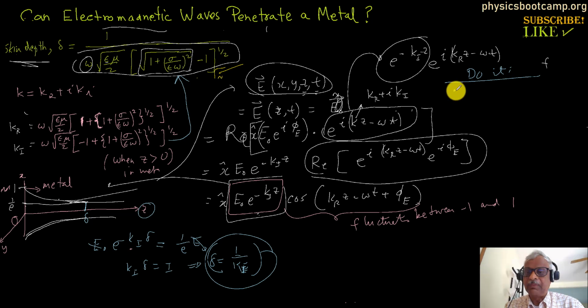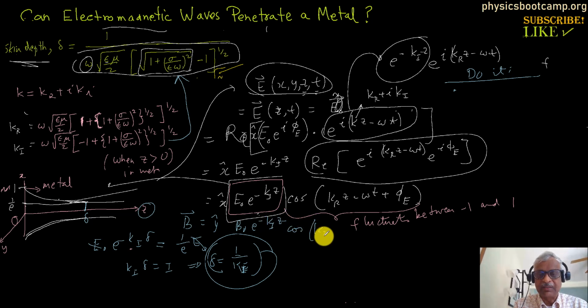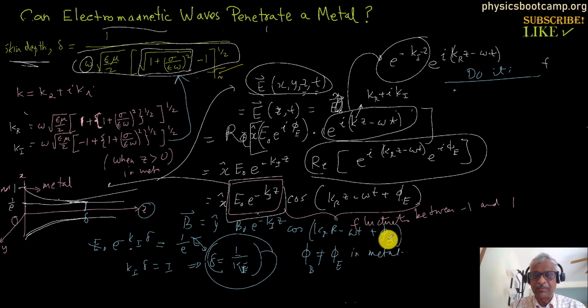If B is y-hat B0 e to the minus k_i z cosine (k_r z minus omega t plus phi_b), you're going to find out that phi_b and phi_e are not equal to each other. Phi_b is not equal to phi_e in a metal, and you can find the difference.